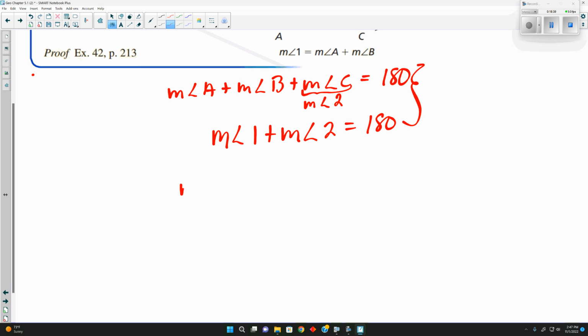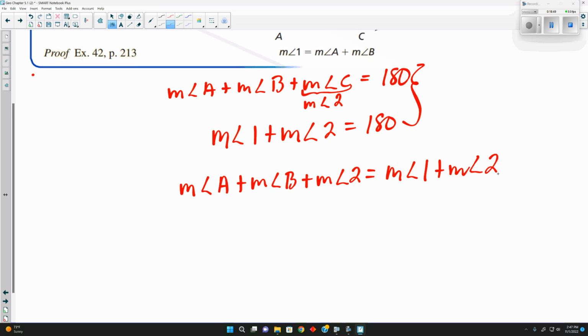So what I can say is that the measure of angle A plus the measure of angle B plus the measure of angle 2 inside the angle is equal to the measure of angle 1 plus the measure of angle 2. I replace measure of angle C with that 2 so that we know we're talking about the inside of the angle, not the outside. Now, what do these both have in common? The measure of angle 2, yes? It's just a number.